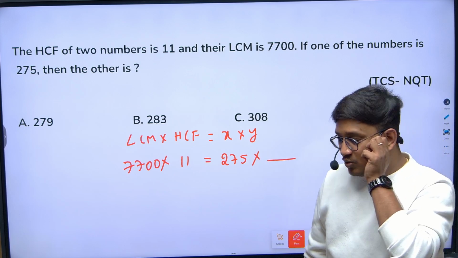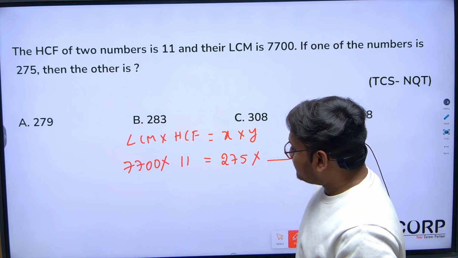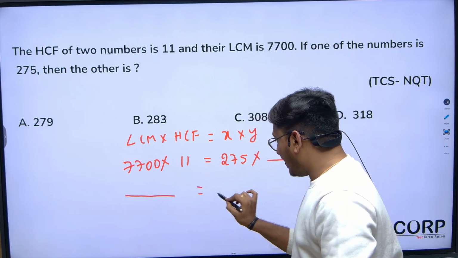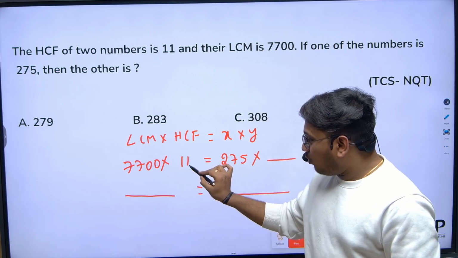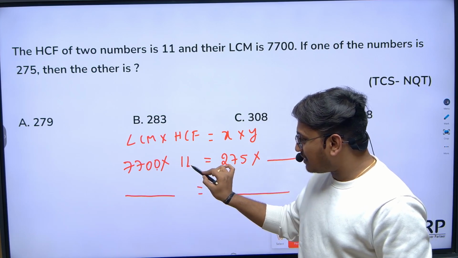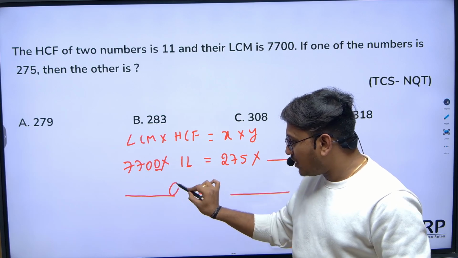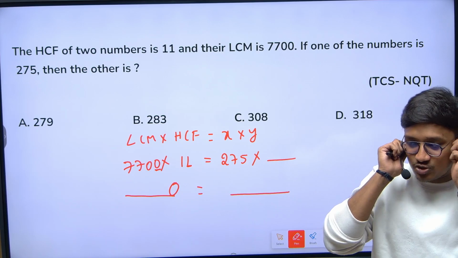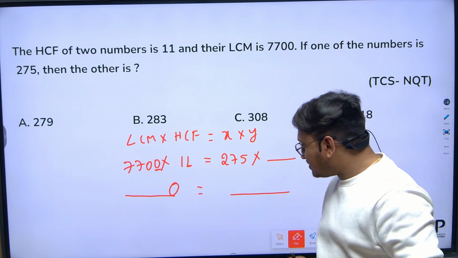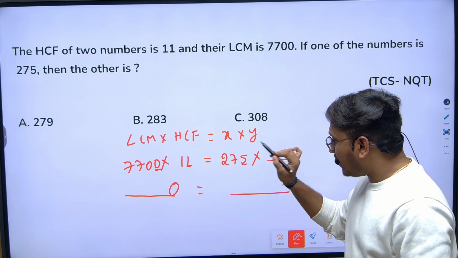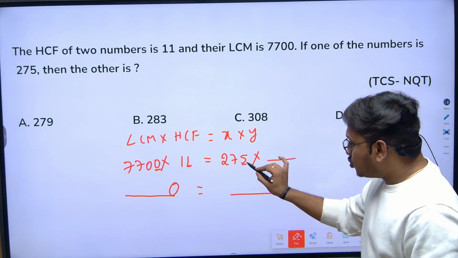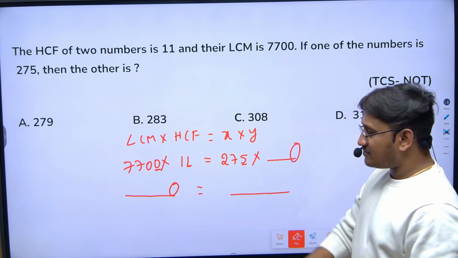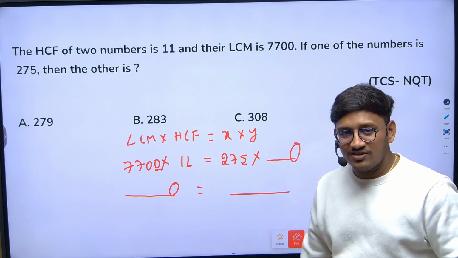If you observe, when I'm balancing the values, 1 into 0 in the units place, I'm cross-checking: 1 into 0 is 0. So definitely my answer should end with 0, right? Now here 5 multiplied with any even number will give you 0 in the units place.